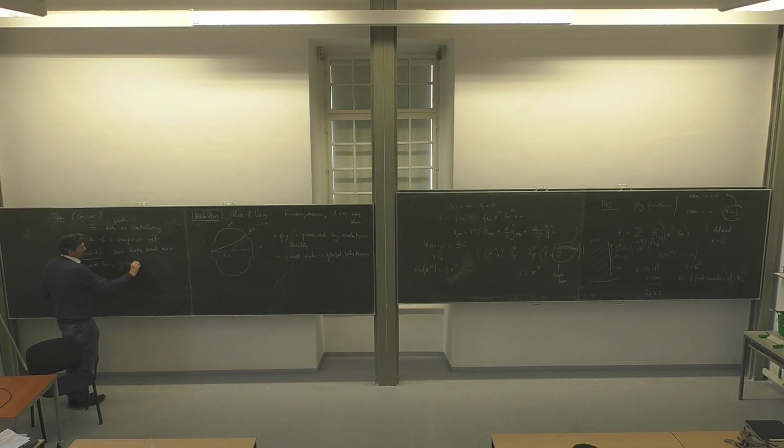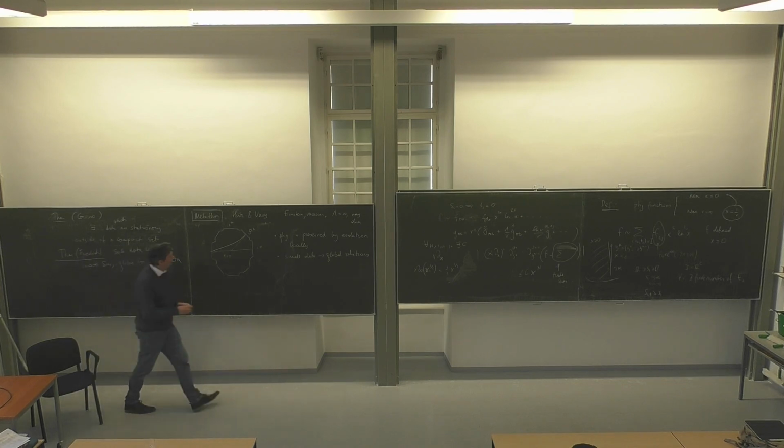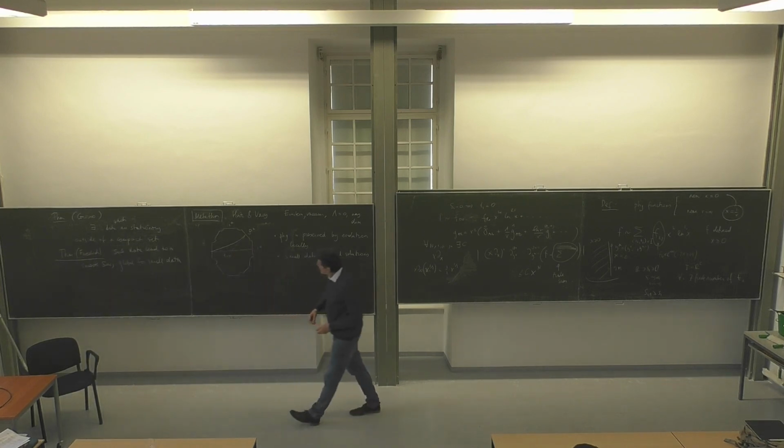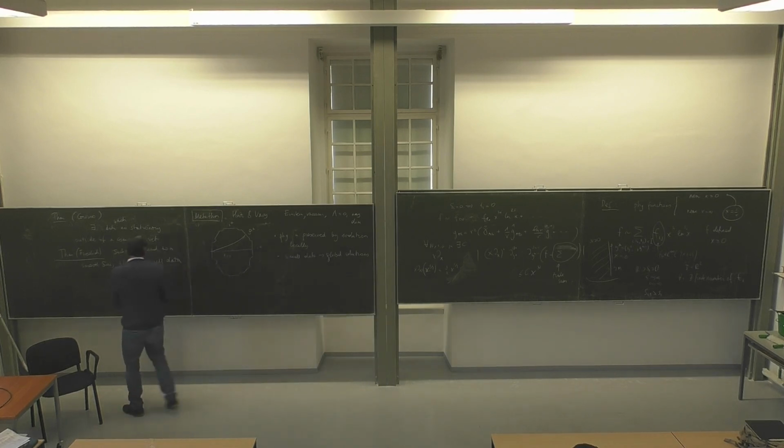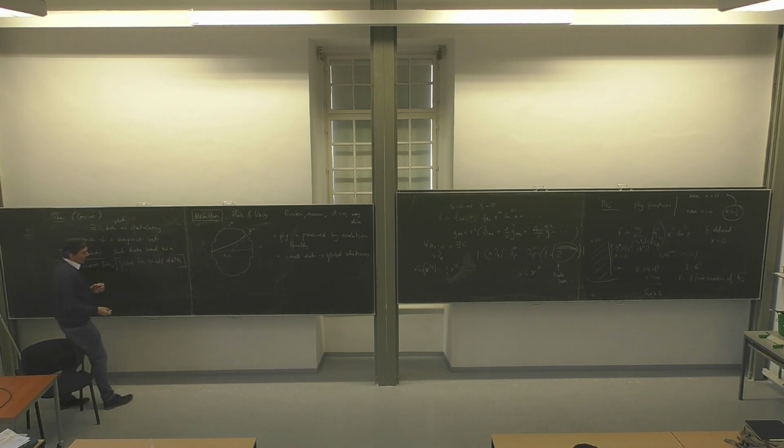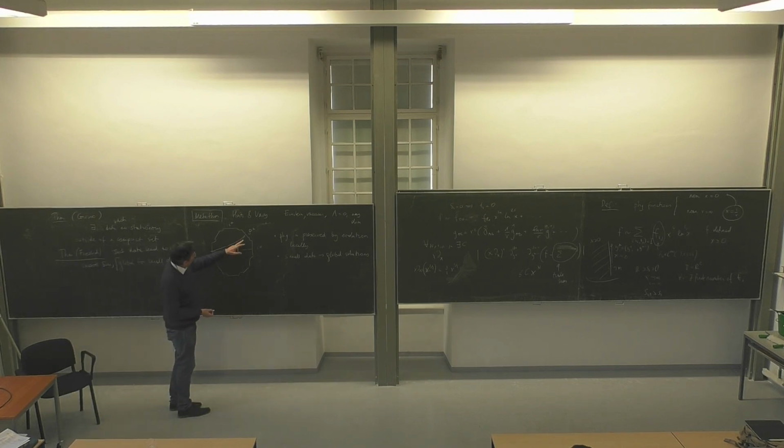Global for small data. Global for small data is actually not Friedrich, but Christodoulou and Klainerman, but of course you could just invoke this theorem, right? So in this case, you get a smooth expansion here, you get a smooth expansion here.